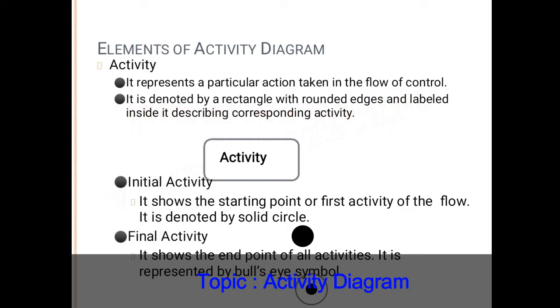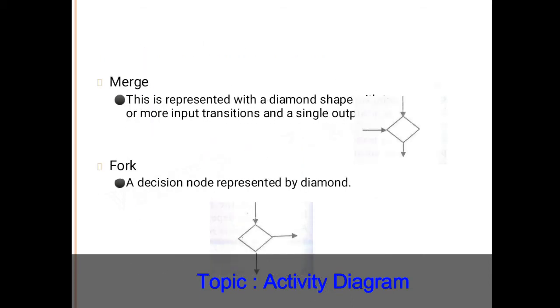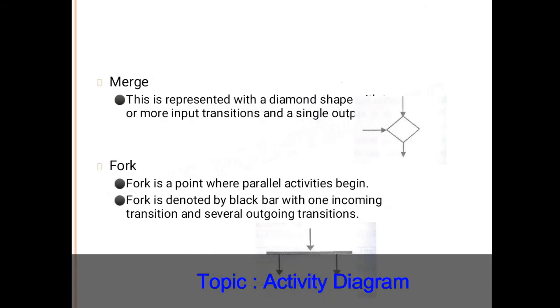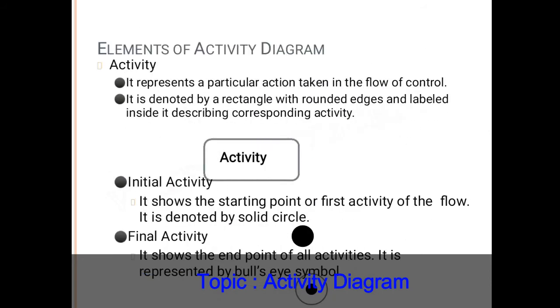See here the example of an activity diagram: insert bank card. We can define it with a round shaped rectangle as well as an ellipse. This shape is known as an ellipse, and this shape is known as a rectangle with round edges.